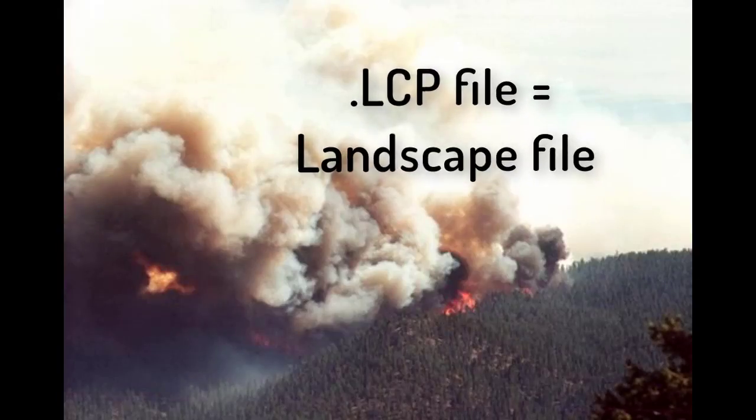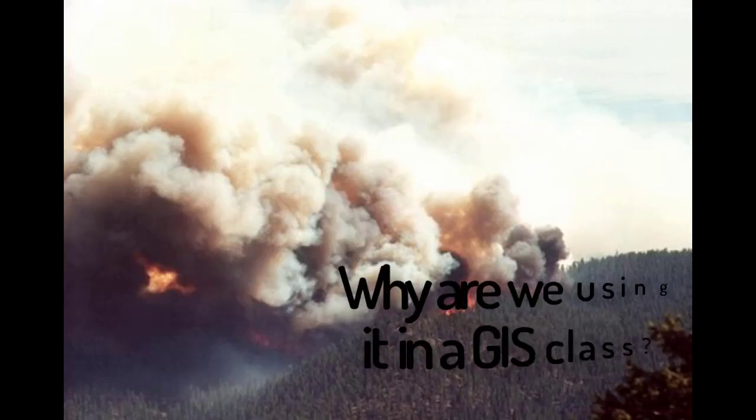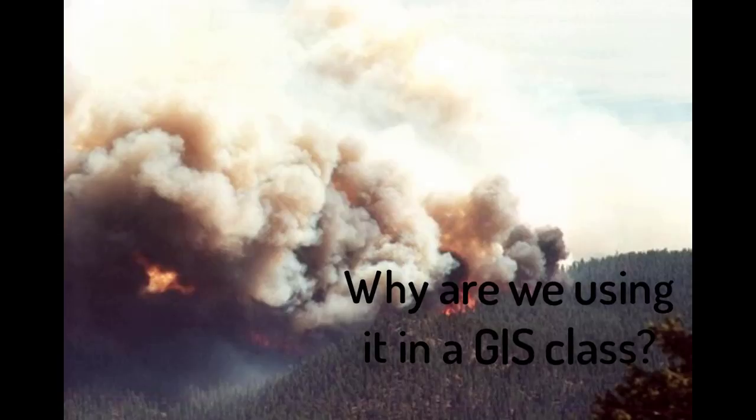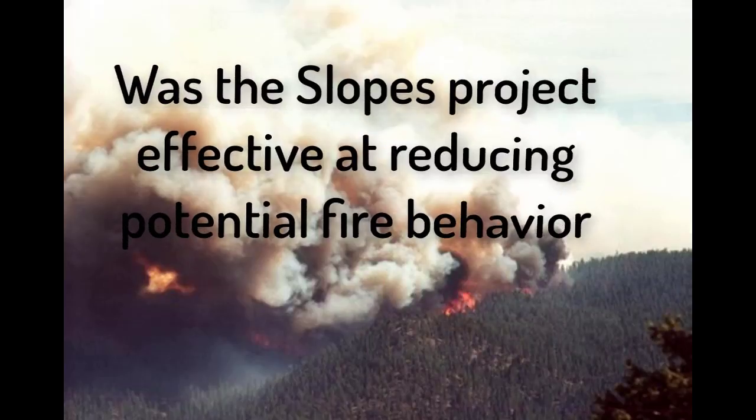So we've already built our LCP file. And now we're going to be using that LCP file to run in FlamMap. So let's take a moment to talk about what FlamMap is and why we're using it in this class. Our overall objective, remember, for this assignment is to figure out whether the slopes treatment project was effective at reducing the potential fire behavior.